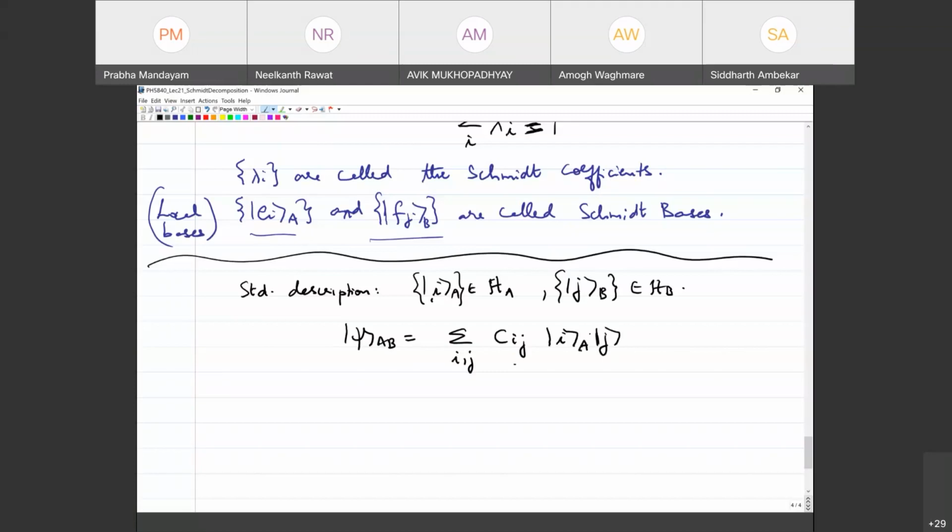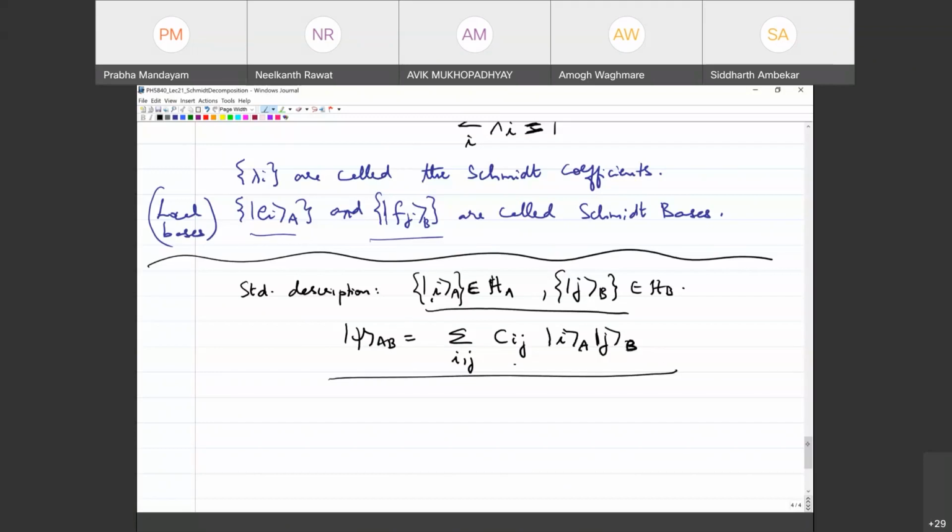Because the joint basis is going to have all possible combinations of I and J. So this is the standard expansion of any bipartite state in terms of a basis for the joint system.